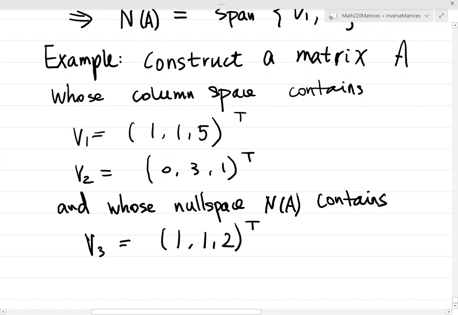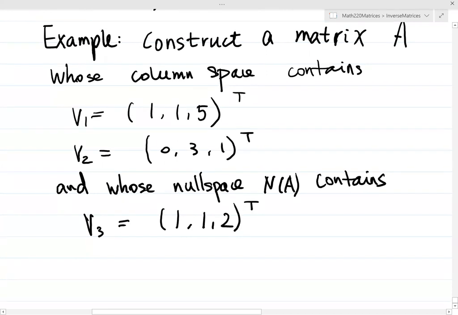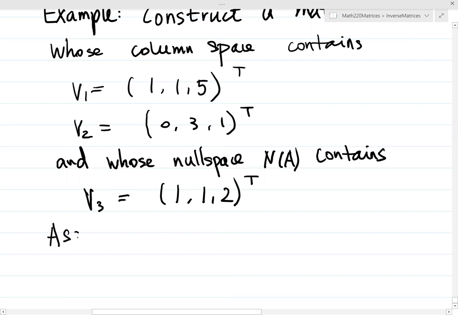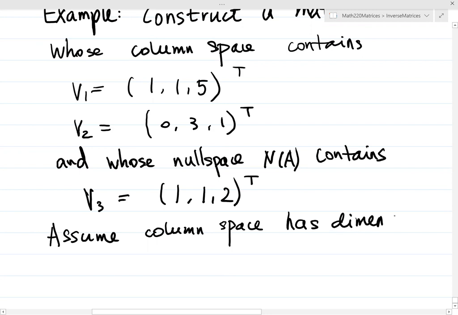Because we just construct one example, not all examples, we just assume that the dimension of the column space is 2. We know it's greater than or equal to 2, so we just assume it to be 2. So it's spanned by V1 and V2.